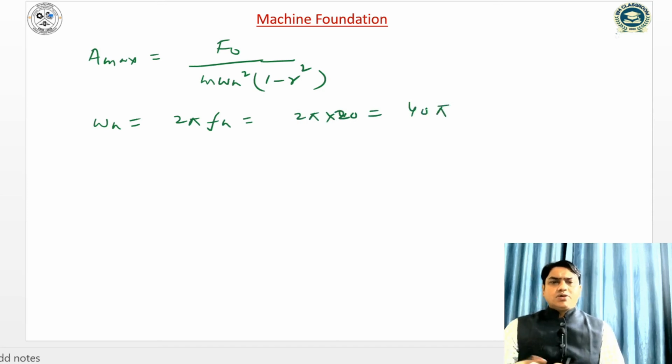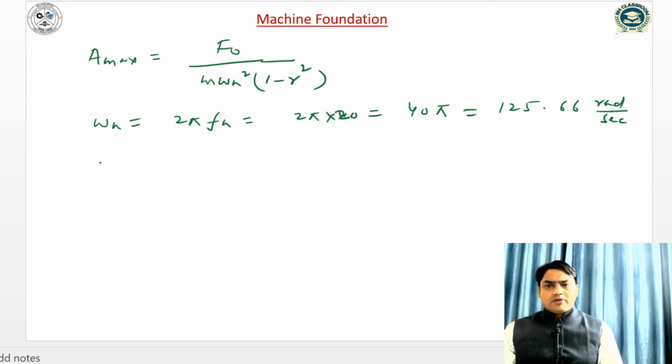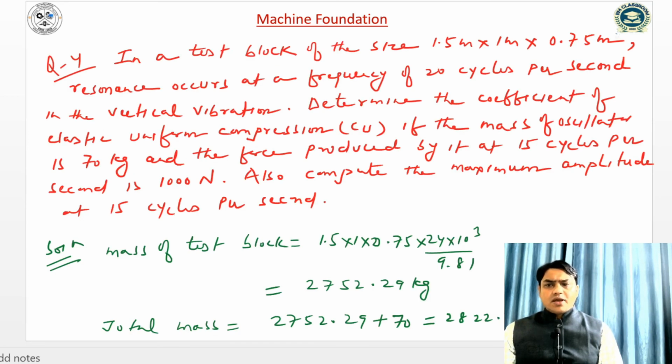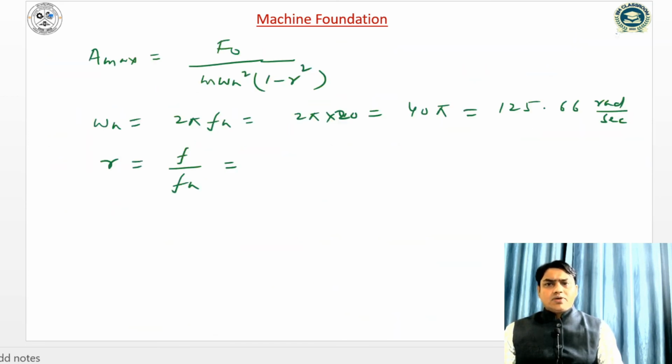So omega n is 125.66 radian per second. Similarly, the frequency ratio can be computed as f by fn. The frequency is 15 and fn is 20, so the frequency ratio is 15 by 20, which is 0.75.